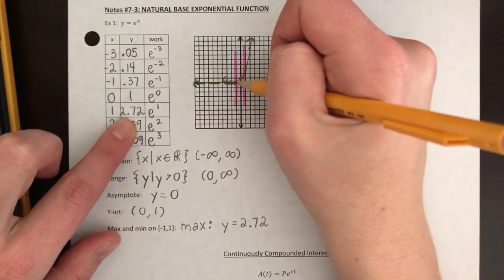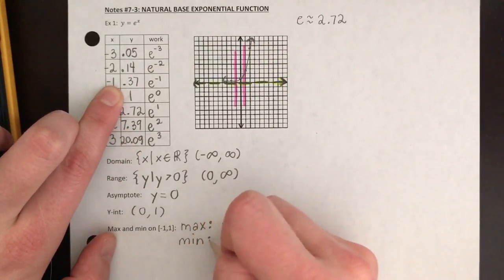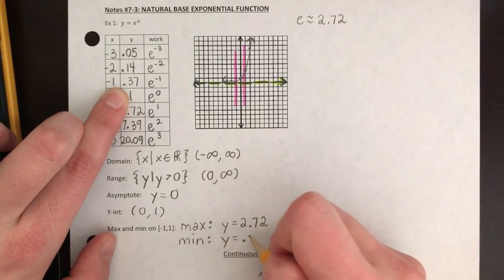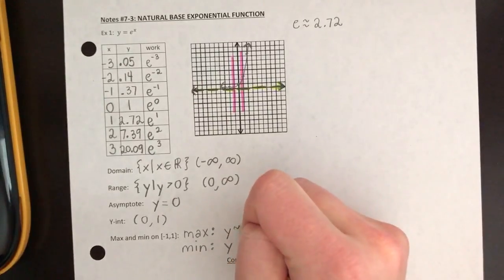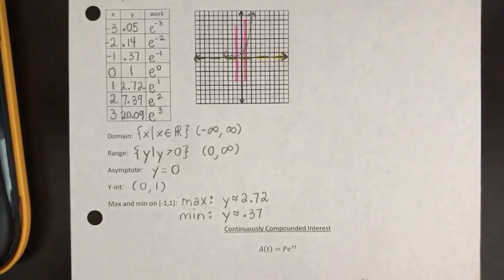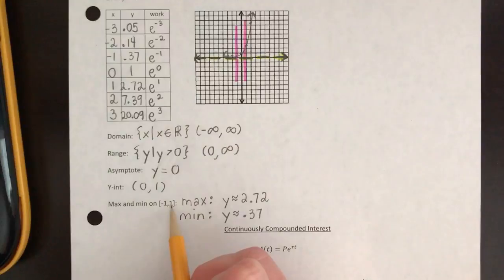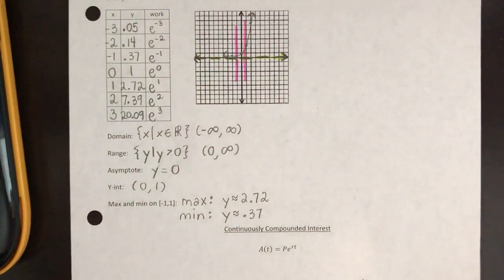And my min is here when x equals -1, so my min is at y equals 0.37. So really, I should be doing approximately, because it's a rounding. Okay, so there's my max and min. Remember, if the graph shifts, to find the max and min, instead you're going to have to plug these values in where you see x and determine which one's higher, which one's lower, and that'll tell you which one's your max, which one's your min.